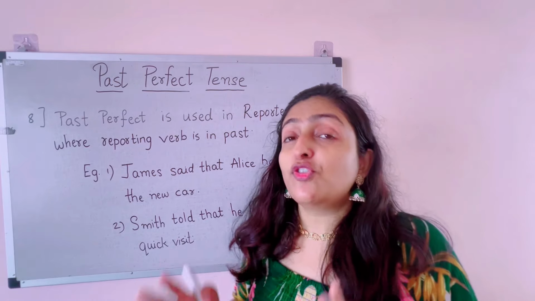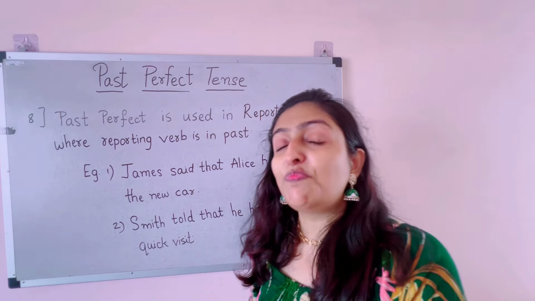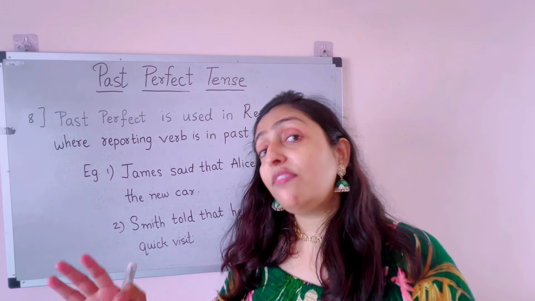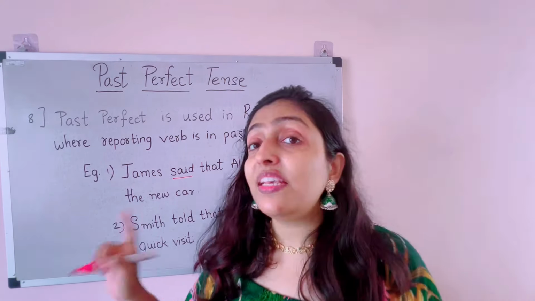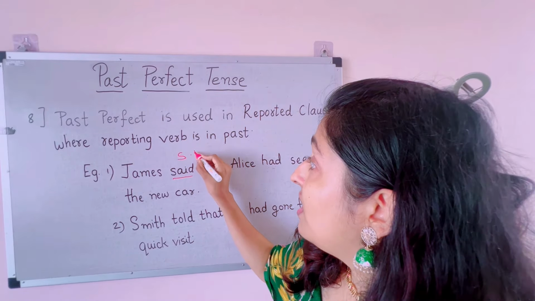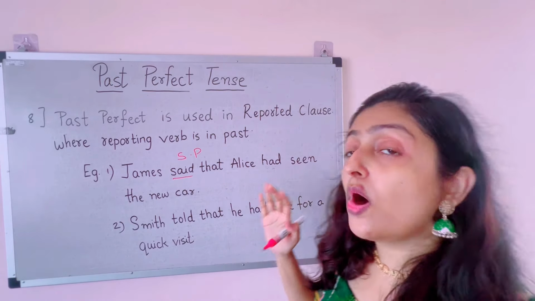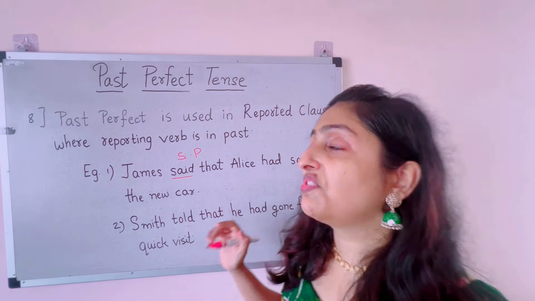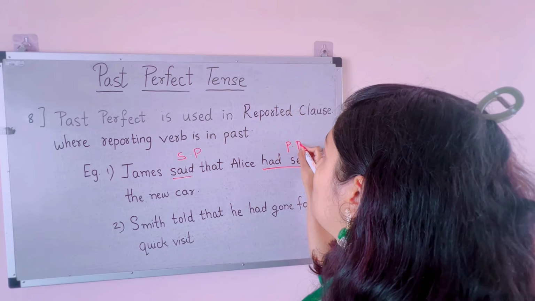So you have to use past perfect in such speech or clause where the reporting verb is in past tense. This is in past tense, simple past. James said that. Now your next verb should be in past perfect. Alice had seen the new car.